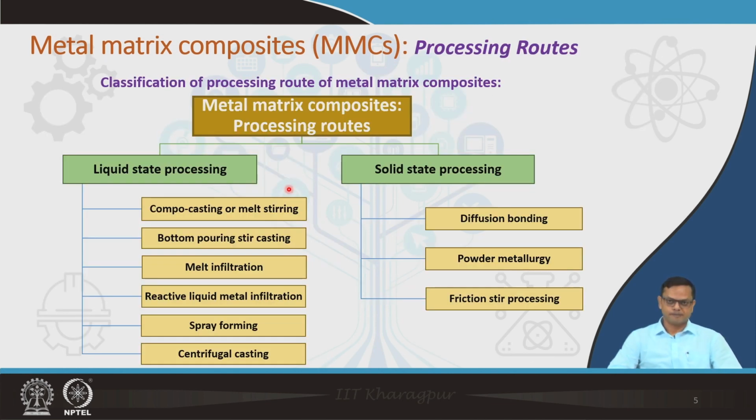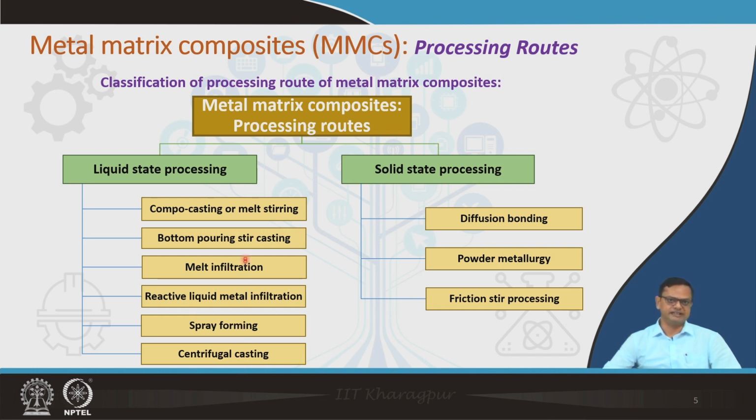So, now let us talk about how we can synthesize metal matrix composites. The basic techniques are centered around liquid state processing, because metals and alloys are easy to melt. So, mostly people rely on liquid state processing, and you can see here a series of different liquid state processing techniques, starting from compocasting to bottom pouring to melt infiltration, reactive liquid metal infiltration, spray forming, centrifugal casting.